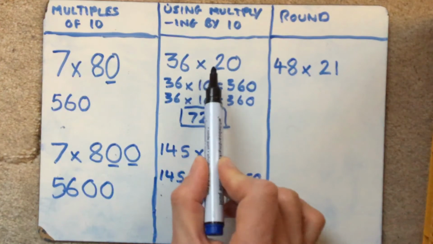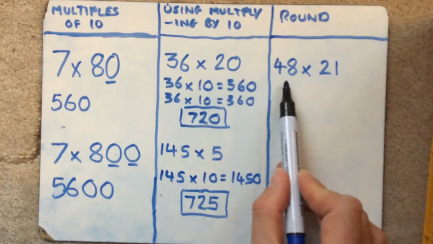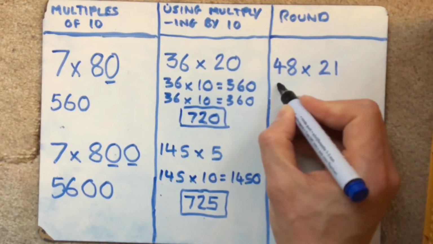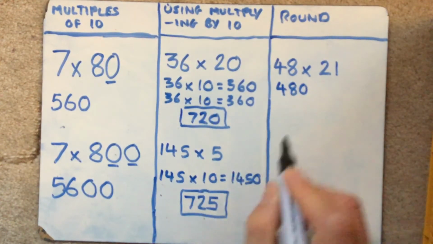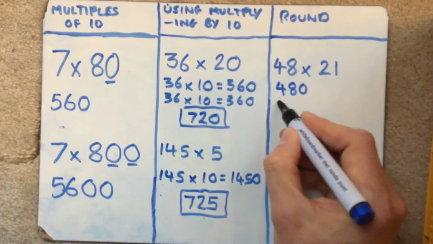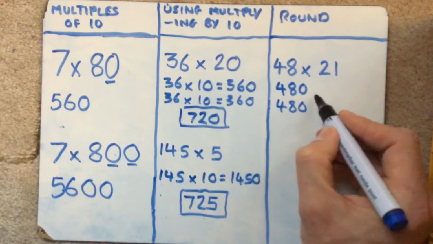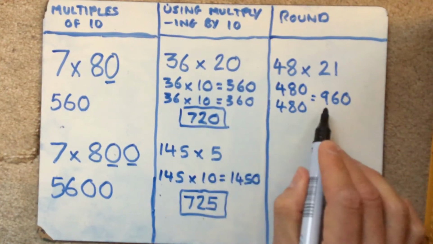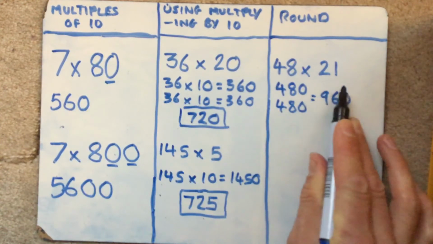I can use multiplying by 10, and I can do 48 multiplied by 10 twice. I know 48 multiplied by 10 is 480, and I can do that twice. And I know that double 480 would be 960.